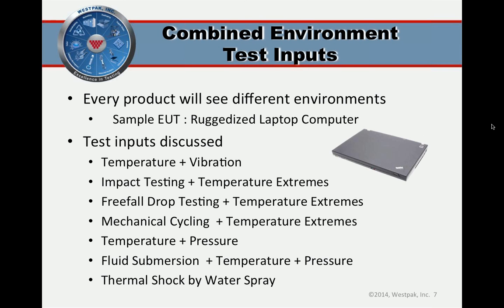Most of these combination tests are not covered by specific test protocols, the IECs or the ASTMs or things like that, because they tend to be unique in their application and usage, which is why we picked on them today. Often, levels specified for a single environment input are brought over into a combined environments test in order to simplify the process, at least the starting point.